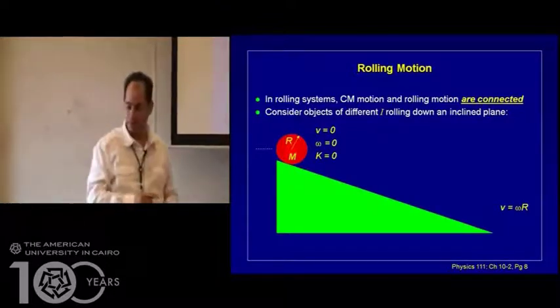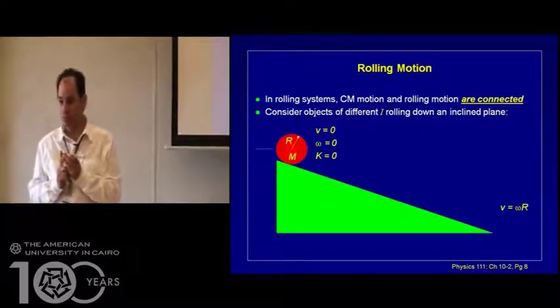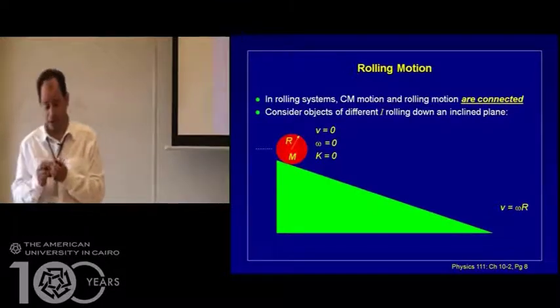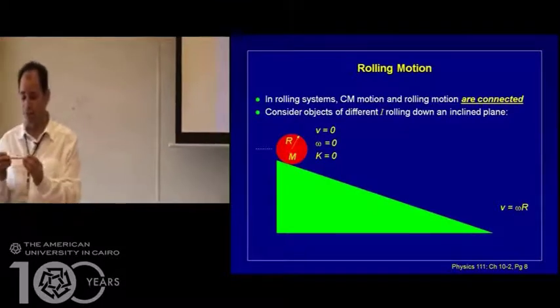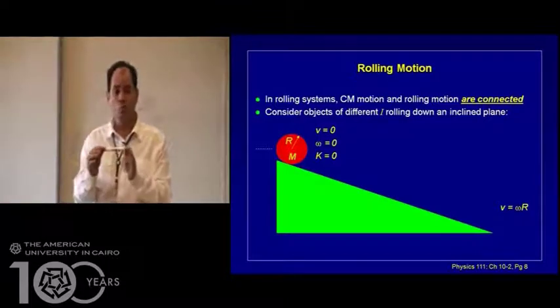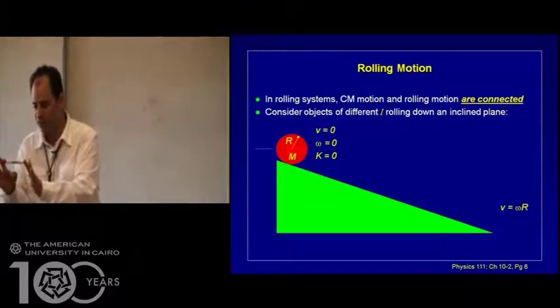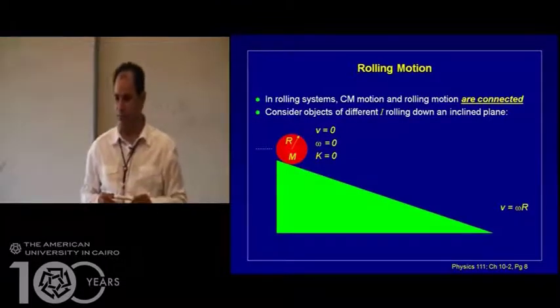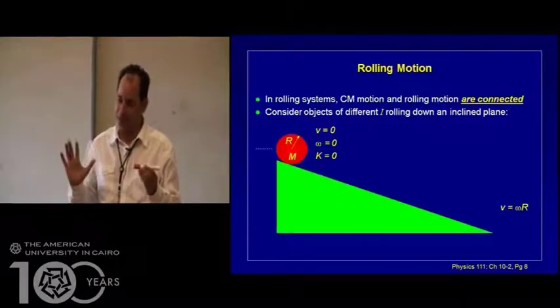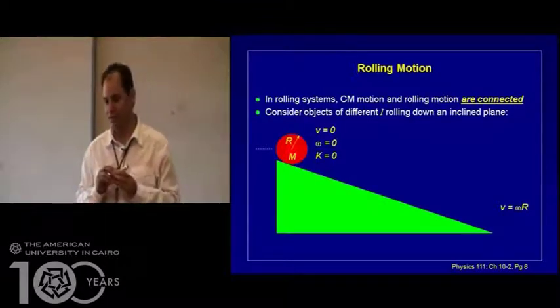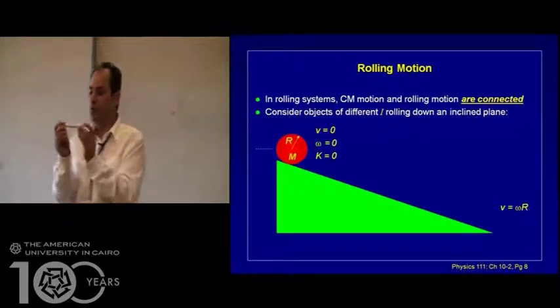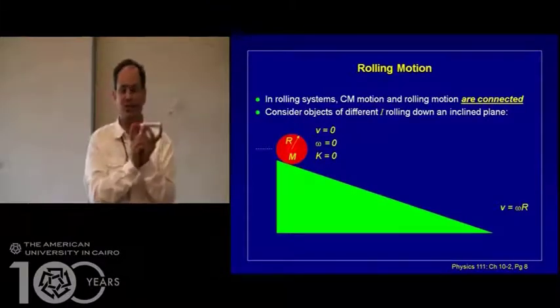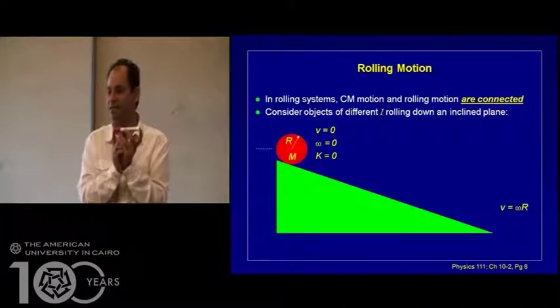So what does the moment of inertia have to do with the center of mass? If I ask you, what is the moment of inertia of that object? Without rotating, it has a center of mass, but it also has a moment of inertia. But when I ask what is the moment of inertia of that, this is not a complete question.